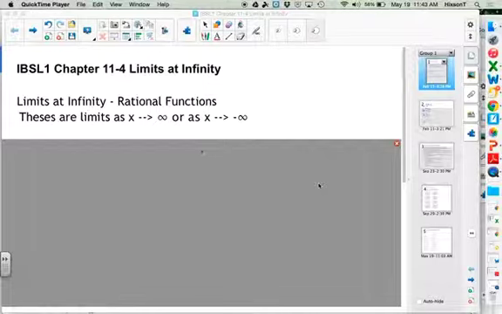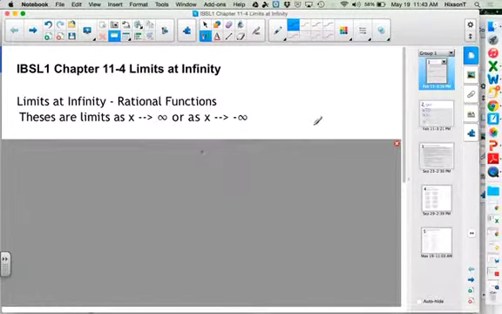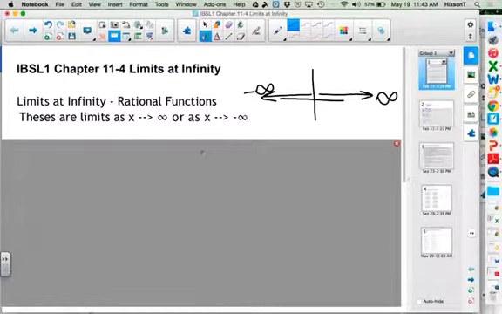Well, we're talking about limits as x is approaching positive infinity or negative infinity. In other words, on your graph, we're either looking all the way this way to where x is positive infinity, or we're looking, what is our graph approaching as we go to the left to negative infinity, okay?